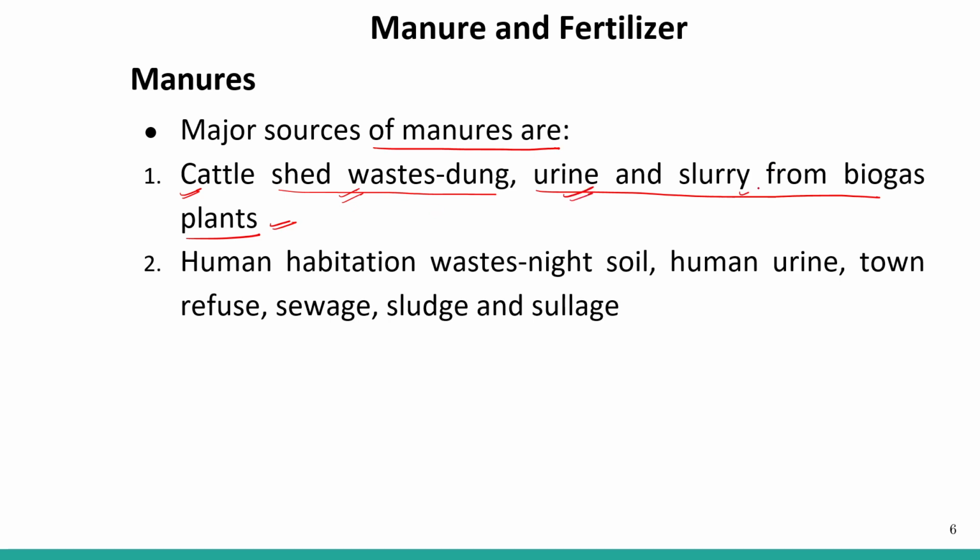Urine and also the slurry that is left from the biogas plant after the production of biogas can also be used for making manure. Human habitation waste, night soil, human urine, town refuse, sewage, and sludge are all used for making manure.